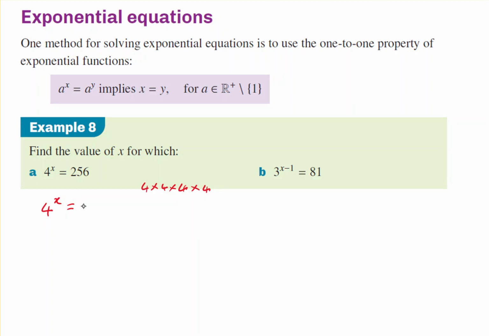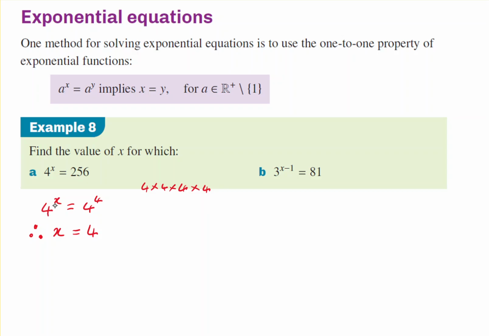So this is 4 to the 4, and because the bases are equal, x is equal to 4. Can't get much easier than that, can it?